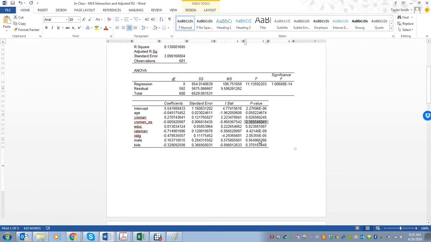Now, there's a more complicated way to do this. You would need to do an F-test. We haven't gotten to that in class yet, and we're not going to at this point. But there is a way to do a joint significance test of the two.